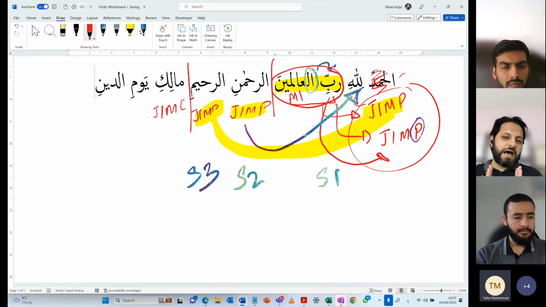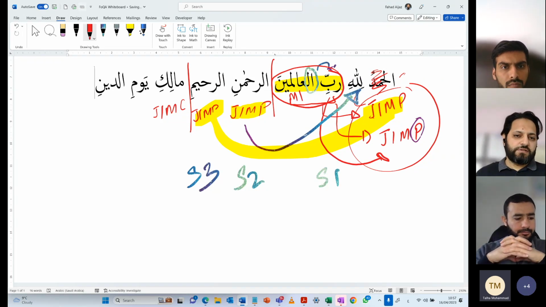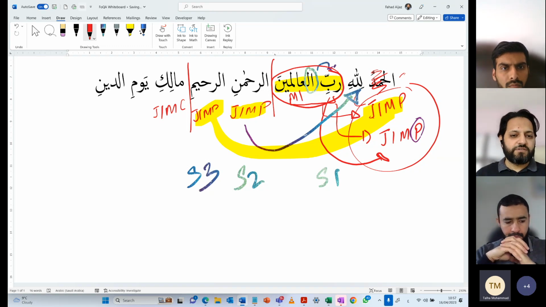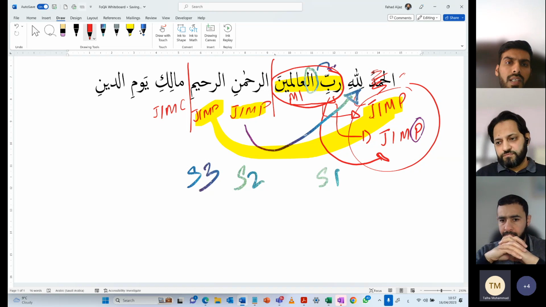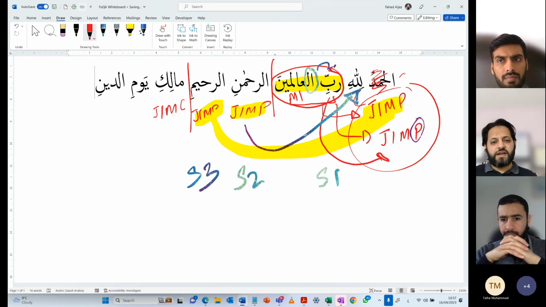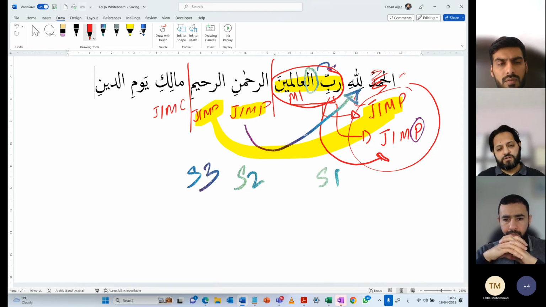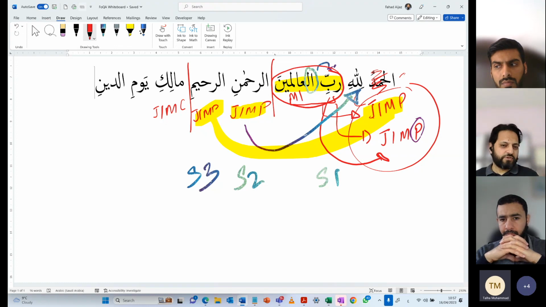Now, when I look at the word Maliki, am I looking at a heavy ism or a light ism? Light. So when an ism is light, what question should it raise in one's mind? An ism can be raised in 4 situations.